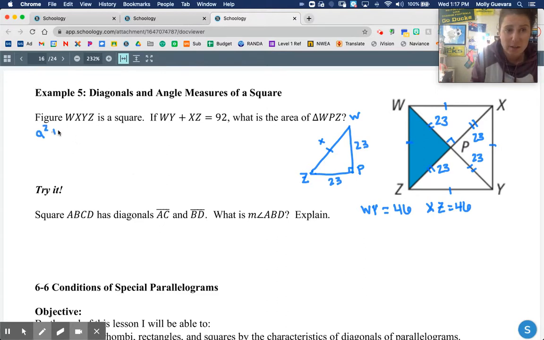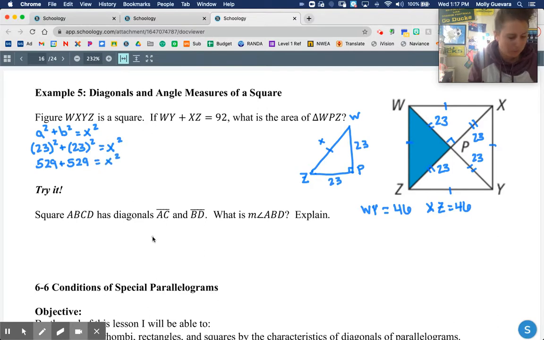A squared plus B squared equals, in this case, I'm going to use X squared because I've labeled it X. So 23 squared plus 23 squared equals X squared. So 23 squared is 529, so 529 plus 529 equals X squared. Okay, so if I add those two together, I get 1058 is equal to X squared.